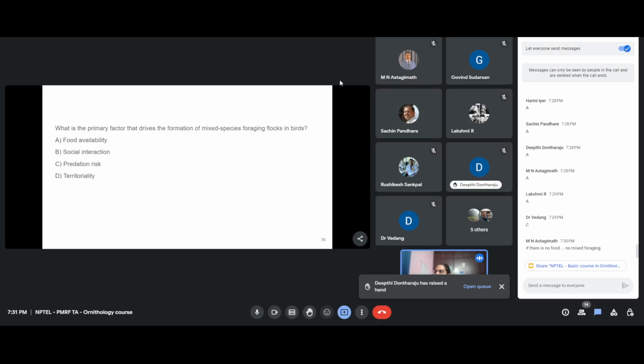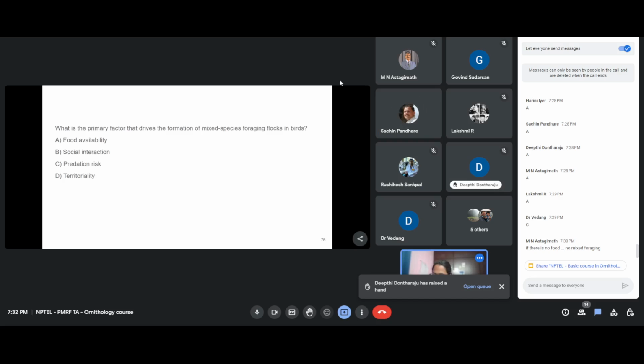So usually when you see mixed foraging flocks, the birds are not competitors for the same food resource, right? Everyone has to gain something out of it. Because you have the gleaners, and the ones that are gleaning will flush out the flying insects, which will be useful for the birds that prey on flying insects, or sallying species.